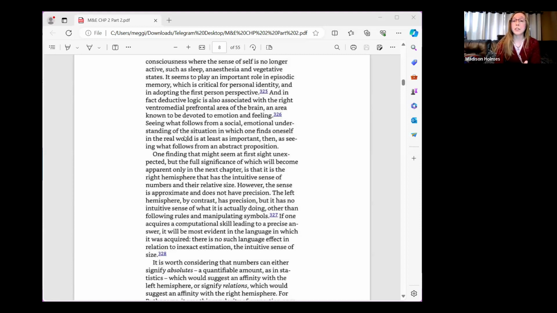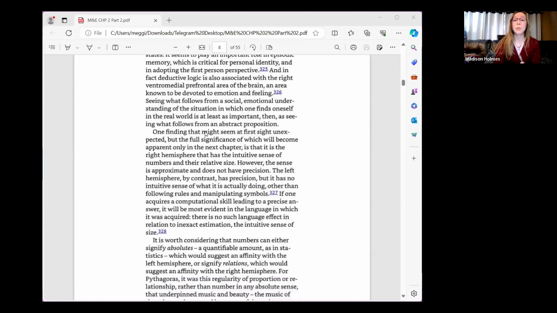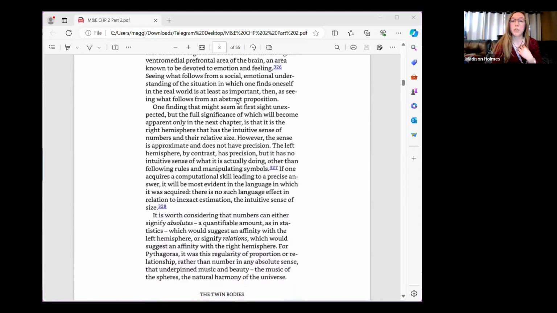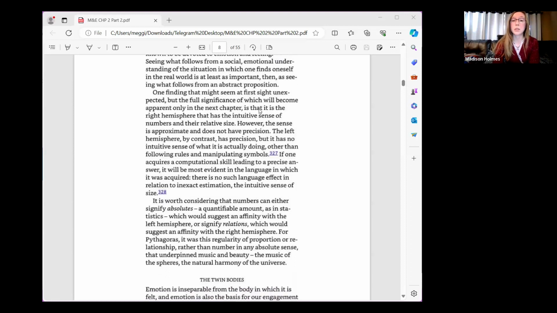And in fact, deductive logic is also associated with the right ventromedial prefrontal area of the brain, an area known to be devoted to emotion and feeling. Seeing what follows from a social, emotional understanding of the situation in which one finds oneself in the real world is at least as important, then, as seeing what follows from an abstract proposition.